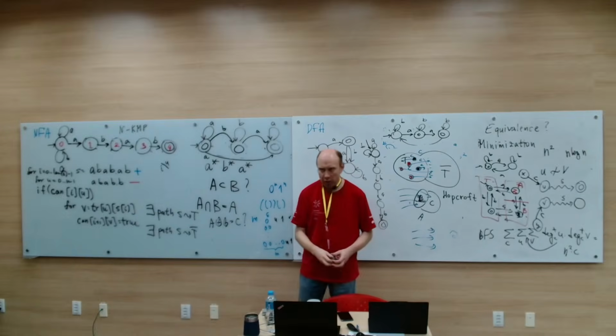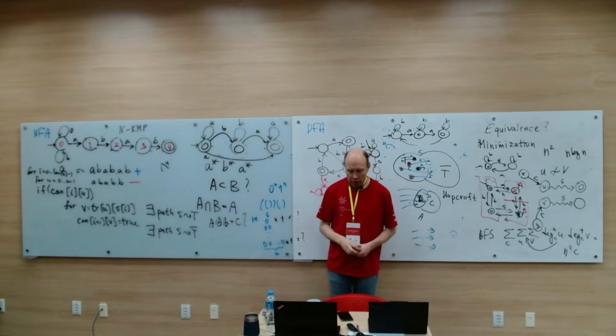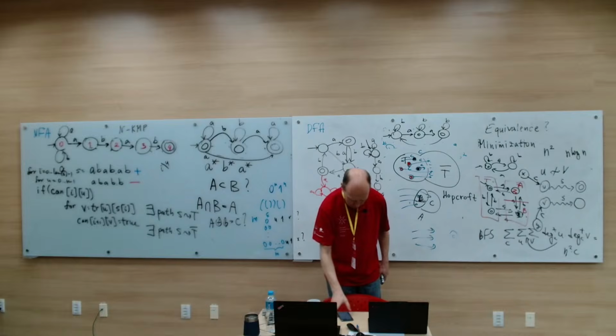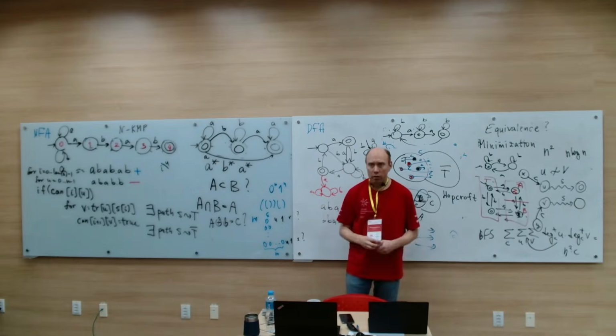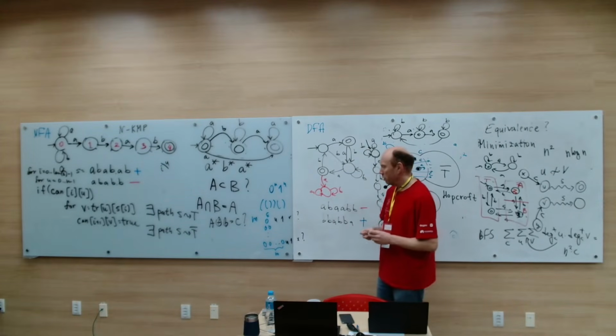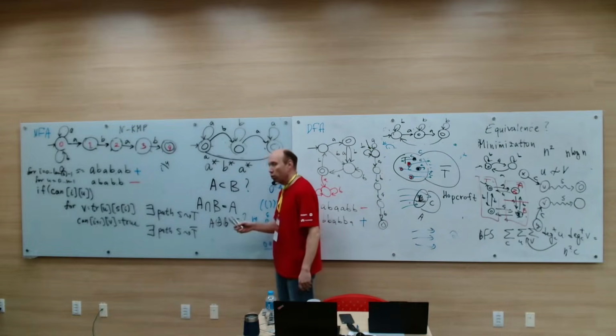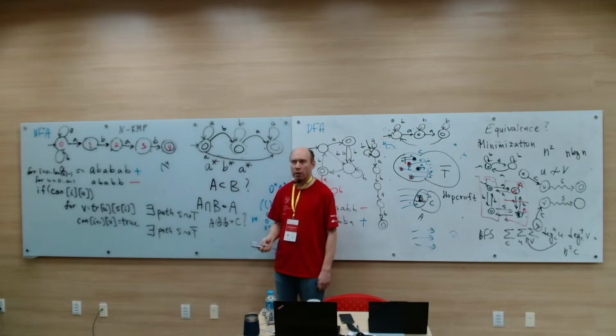Okay, now as I promised, let's move on. Yes. Like for example, in that case, you have a DFA and an NFA. If you have an NFA, this would not work. You need to determinize them before.